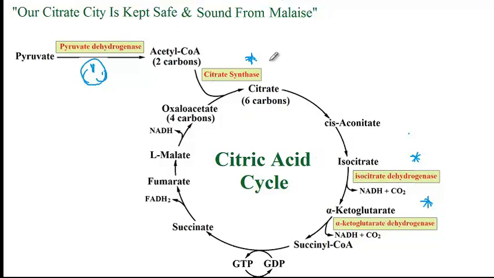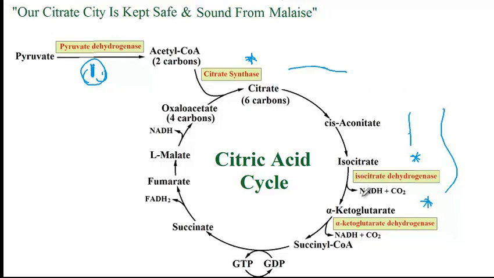All right, so these 3 enzymes control the rate of the citric acid cycle, and also pyruvate dehydrogenase is another determinant of the rate, because the citric acid cycle is dependent on the production of acetyl coenzyme A. And so first let's talk about these 3 reactions here. Again, we have to know the concept. I don't want you to memorize what are the allosteric inhibitors or activators for all these enzymes.